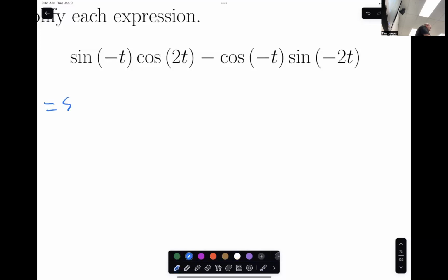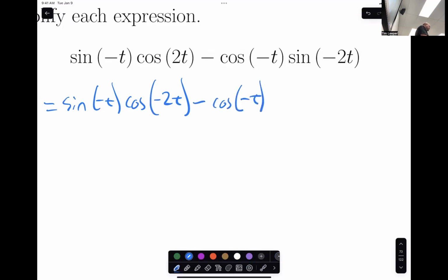So this is going to be the sine of negative t, then the cosine of negative 2t. Notice that I can just randomly introduce a negative sign because cosine is even. We love that. Then minus the cosine of negative t, sine of negative 2t. Good deal.